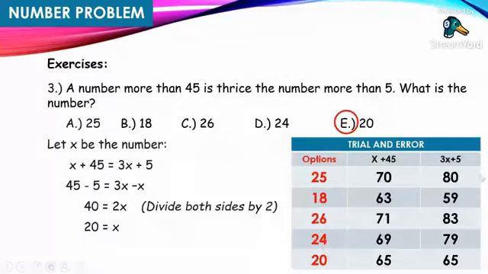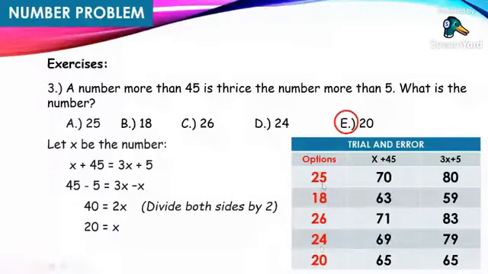Then, first statement natin is x plus 45. Second statement natin is thrice the number more than 5, so 3x plus 5. We're going to substitute the value of our options or choices doon po sa ating expression. Then hahanapin po natin kung saan po yung mag-equal sila. Ibig sabihin, yun po yung magiging sagot.